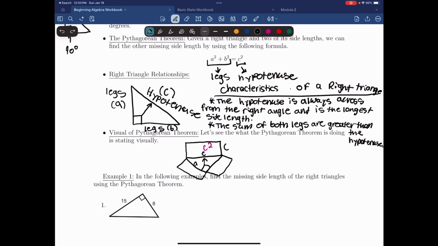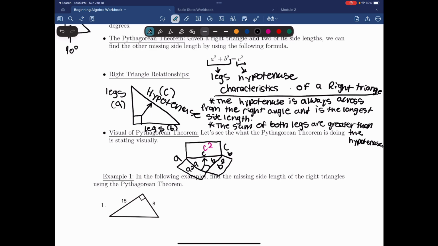You can assign whichever leg you'd like to A and B. But I'm going to say that this side length is A. If I wanted to find the area of this rectangle, I would multiply A times A, base times height, and we get A squared. And then on this side, I'm going to assign this as B. To find the area of this rectangle, I'll do base times height, B times B, which is B squared.